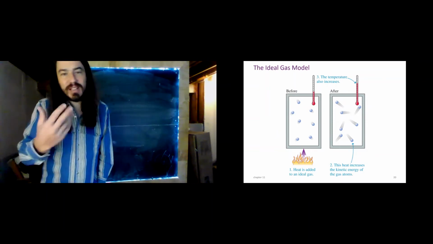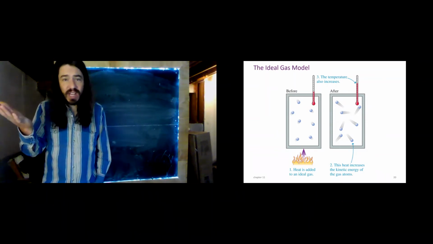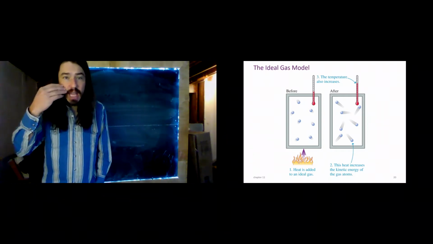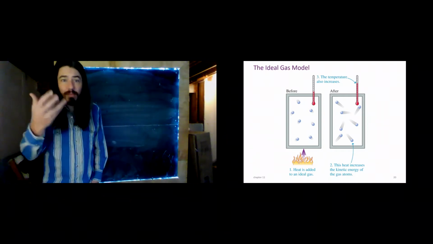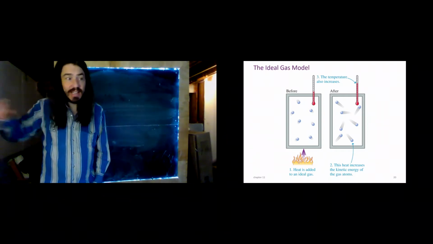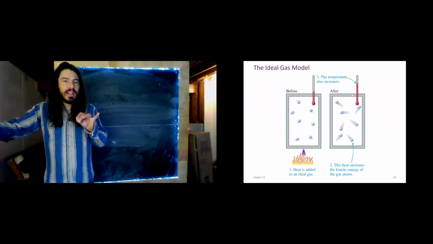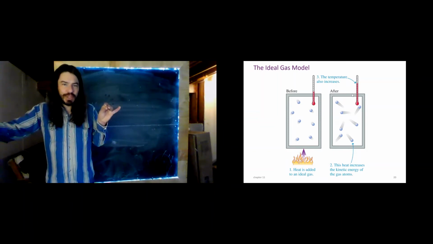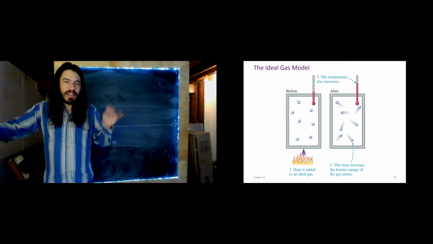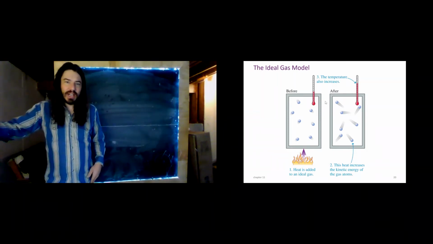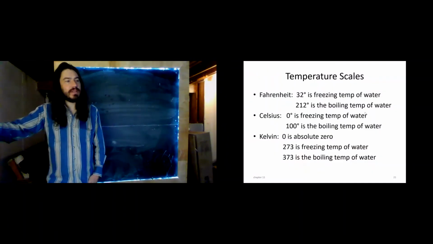I add some heat, it makes the particles move faster. It's just conservation of energy, right? I add energy to the system so the particles get more kinetic energy. How do I observe that? The temperature increases. Okay. So this is the ideal gas model of temperature. The idea that temperature is a measure of the average kinetic energy of the molecules that make up a substance.